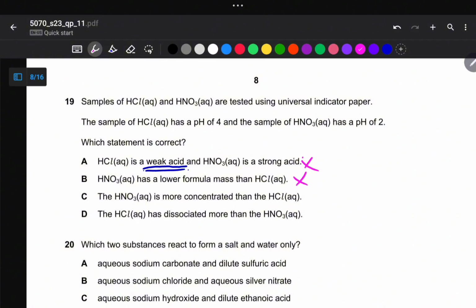Since pH is the measure of concentration of hydrogen ions in a solution, for nitric acid to have a lower pH, it simply means it has more concentration of hydrogen ions than hydrochloric acid. So this becomes true. And then option D says the hydrochloric acid is dissociated more than nitric acid. So this one is false. Why? If hydrochloric acid dissociates more, it will provide more protons, thereby giving a lower pH, right? So this becomes false, because the pH of hydrochloric acid is 4, and that of nitric acid is 2. So our answer becomes C.